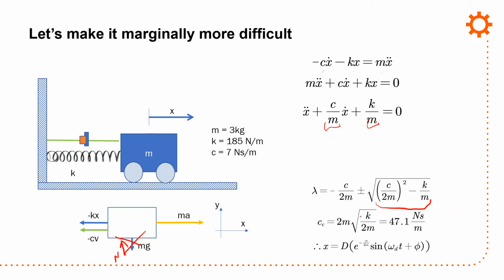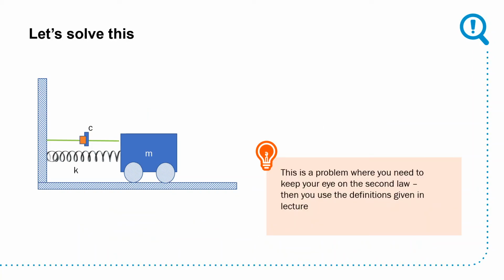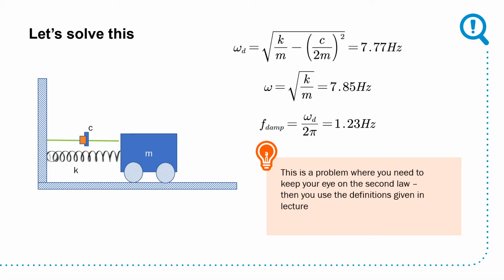So 2m times the square root of k over 2m is equal to 47.91 newton seconds per meter, and x is equal to this value, e to the minus ct over 2m, times sine of omega d, the damped natural frequency, t plus phi. In this particular case it is underdamped because I have 47.9 and my c is actually equal to 7. So I know that this is an underdamped case, and then you solve through it.